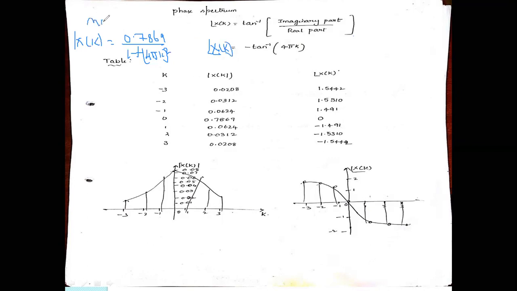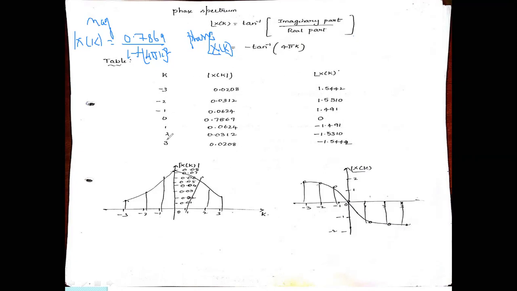This one is the magnitude and this one is the phase. In this example, they're asking to find out the exponential Fourier series and also plot the magnitude and the phase. The magnitude is 0.7869 divided by under root of 1 plus 4 pi k whole square, and the phase is minus tan inverse 4 pi k.